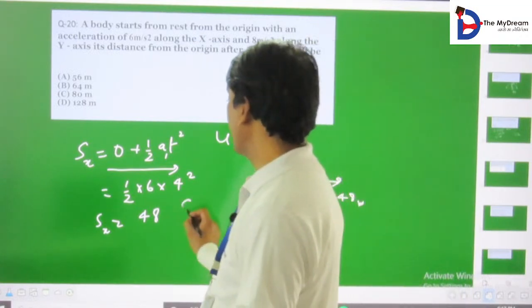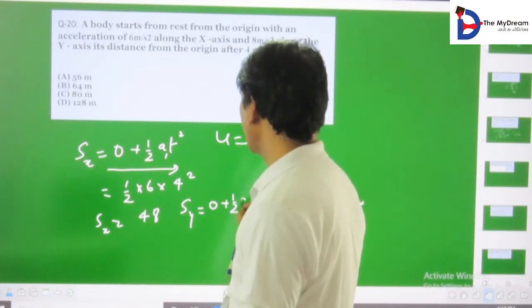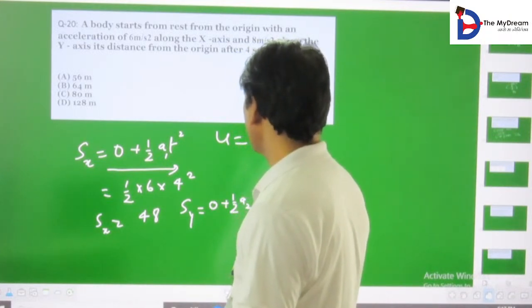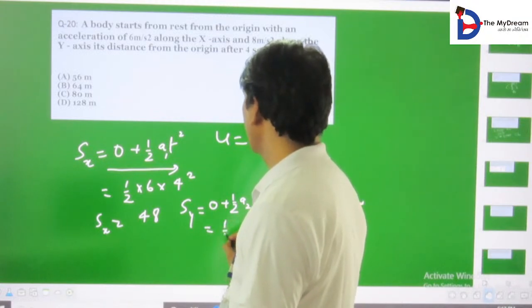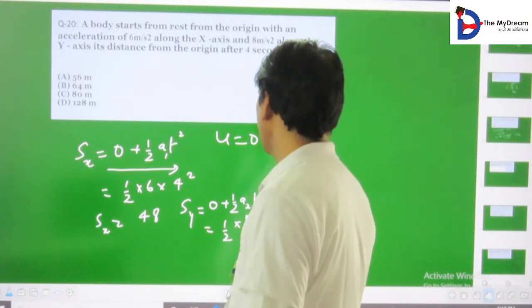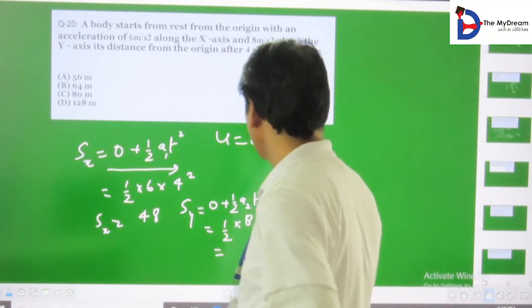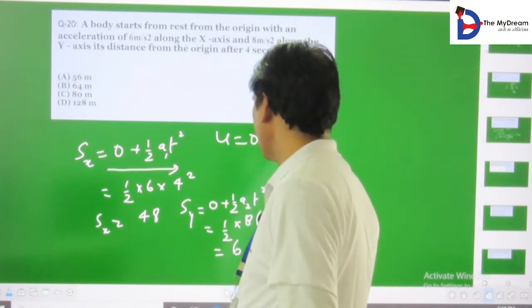On the y-axis, the accelerations are different. The acceleration is of 8 meter per second. Duration same, 64.